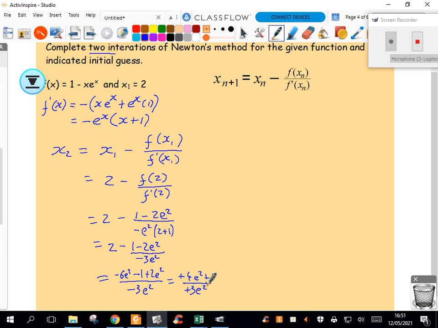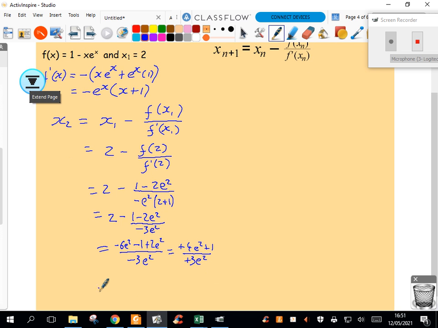Now I am going to plug that into my calculator. 4e squared plus 1 all over 3e squared. And I'm getting about 1.38. Let's round it off to 2 decimals.